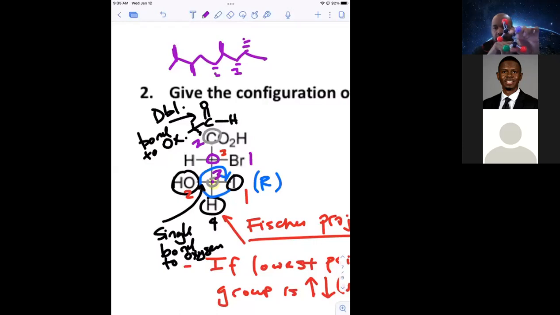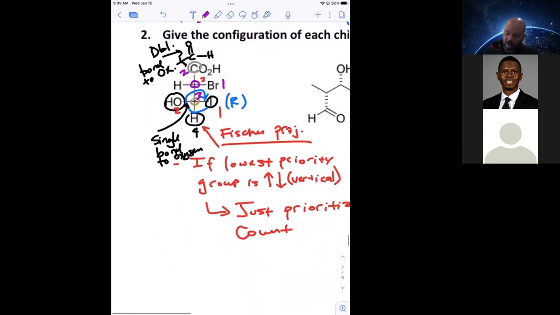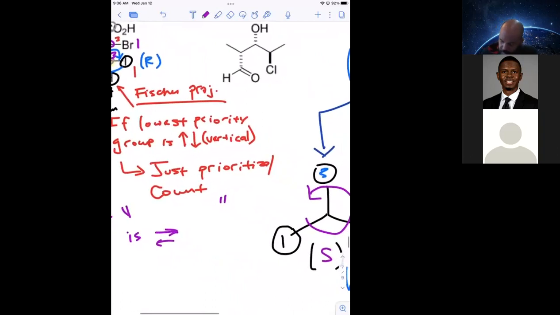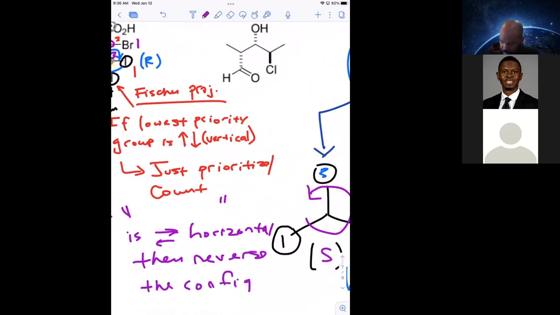Now let's talk about the configuration, because we prioritized it, but there's a rule: if the lowest priority group, which is 4, this hydrogen, is horizontal, then you have to reverse the configuration.